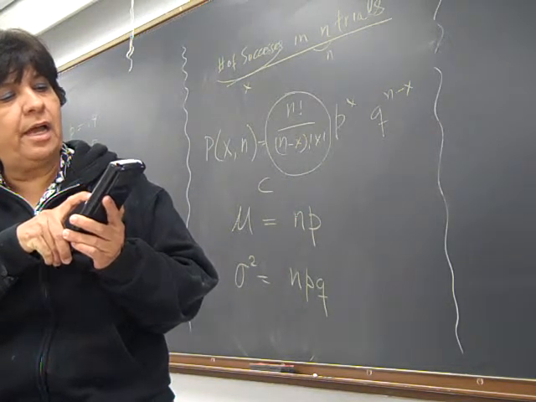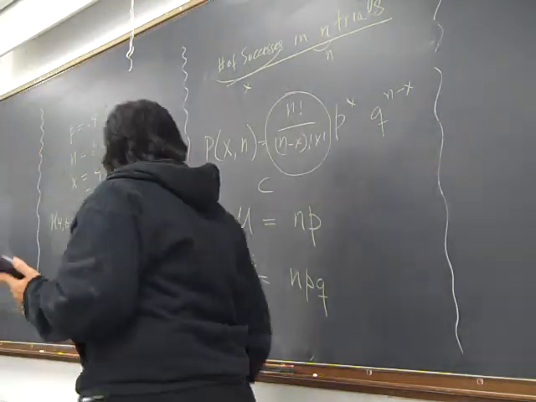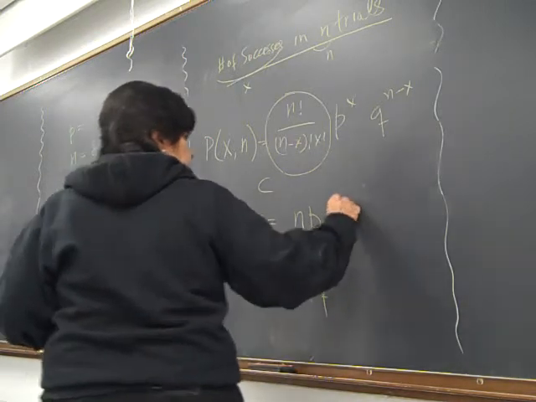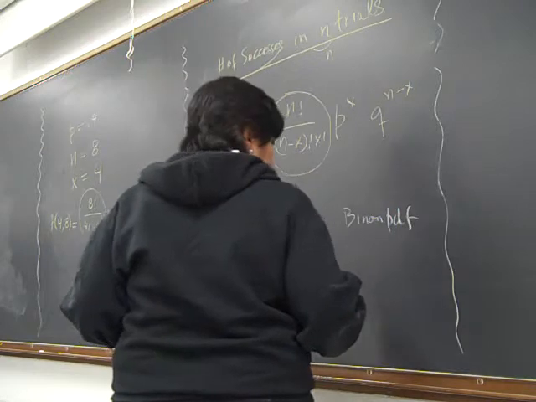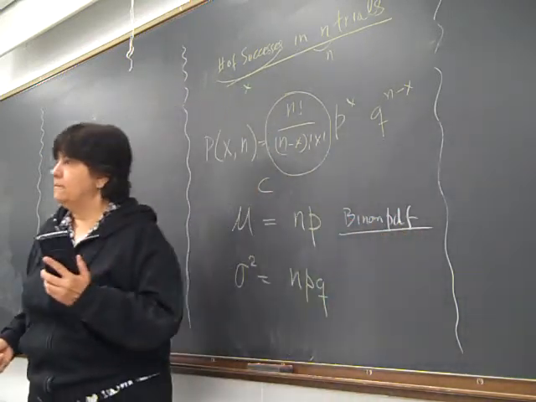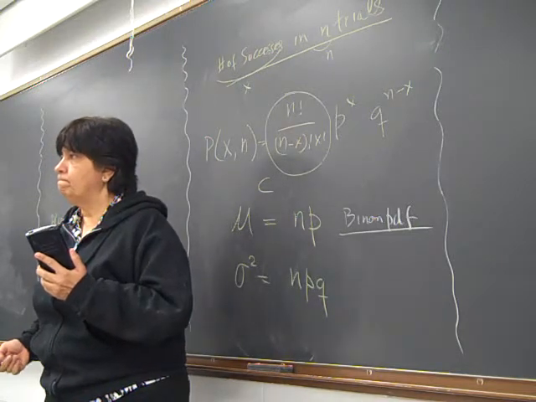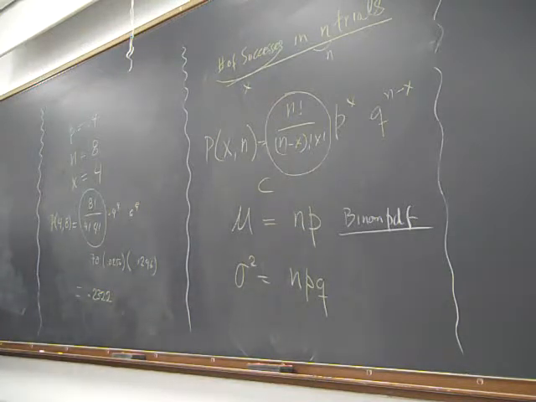binom PDF. That is the A. Binom PDF. Binomial probability distribution function. And remember the one that I gave you, the tips for the TI-84, TI-83 tips.